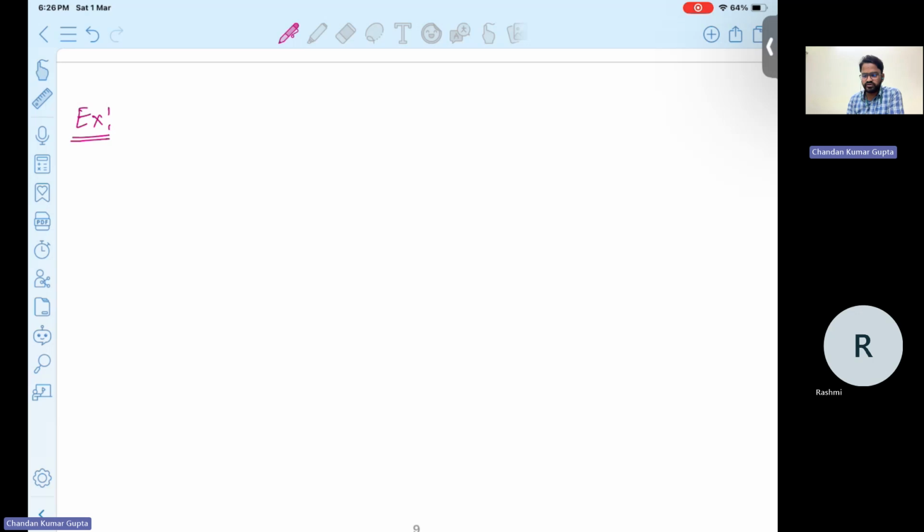Now suppose we have one more example. Let the random variable x follow a binomial distribution with parameters n and p. Also, another random variable y follows the same binomial distribution with parameters n and p.